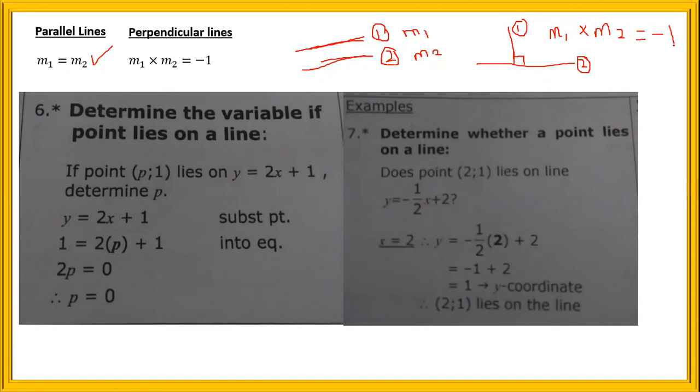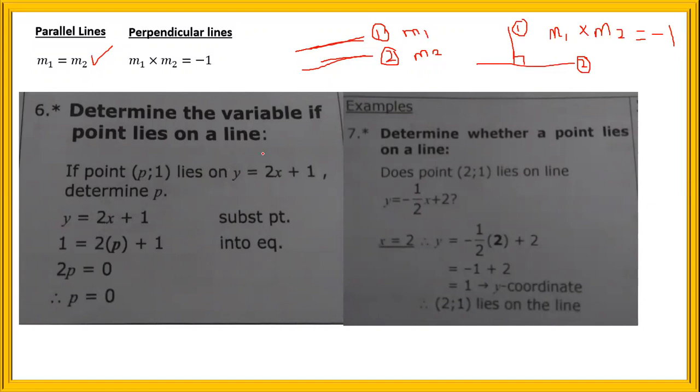So the product of the two slopes should give you -1. That is if the two lines are perpendicular. All right. Okay, let's move on with more examples.